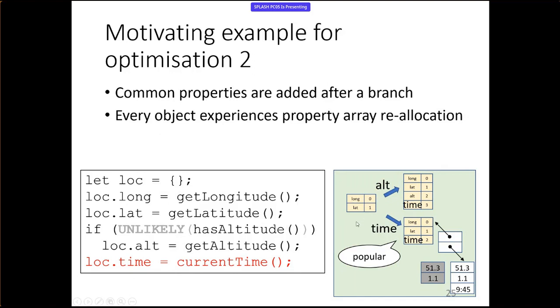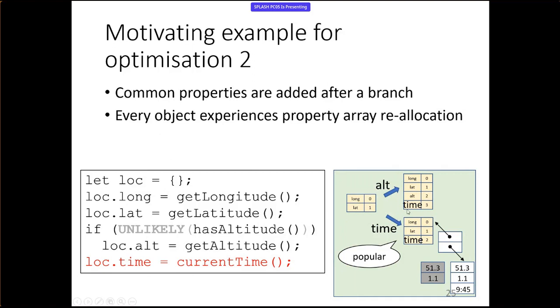In this case, this object eventually has this time property, but because there is a conditional branch, the hidden class has a branch.